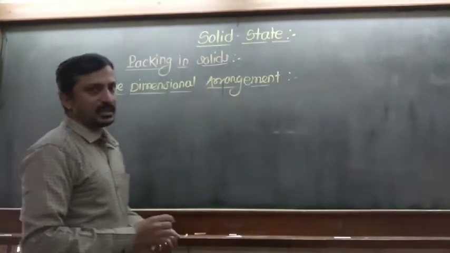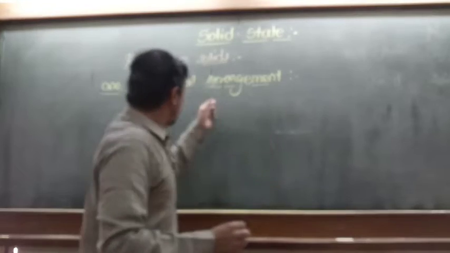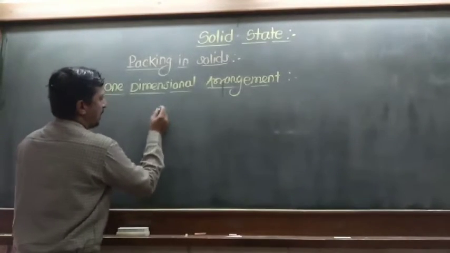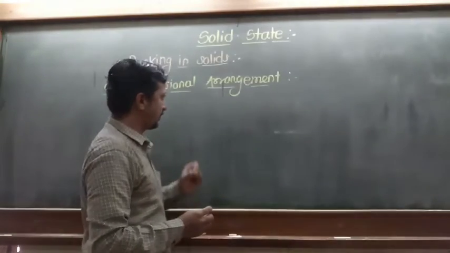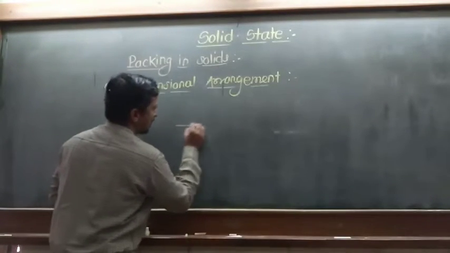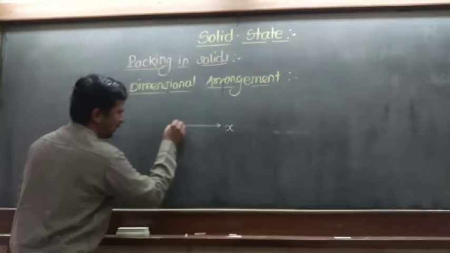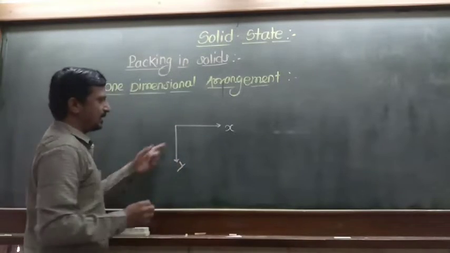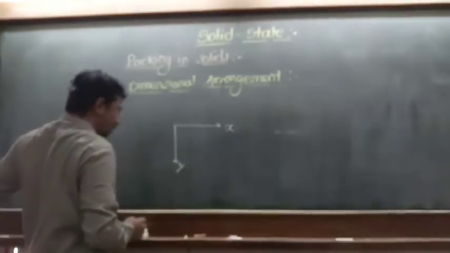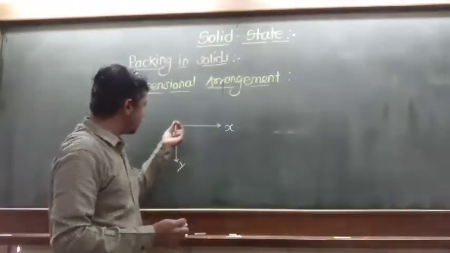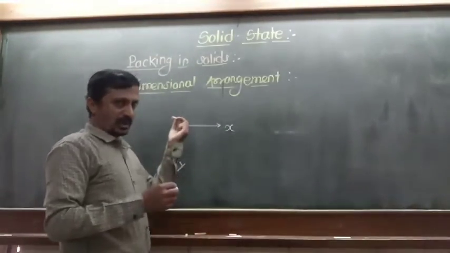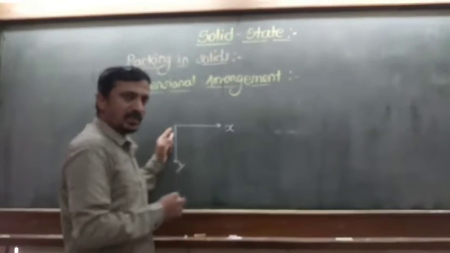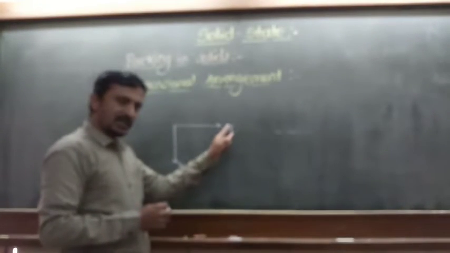In case of one-dimensional arrangement, if you consider arrangement of crystal or solid in three-dimensional, first we have to consider along x-axis, along y-axis, and z-axis, which is not possible to show on blackboard because z-axis means it is perpendicular to blackboard, above the blackboard or below the blackboard. So if you extend the arrangement of particles on x-axis, it is one-dimensional.